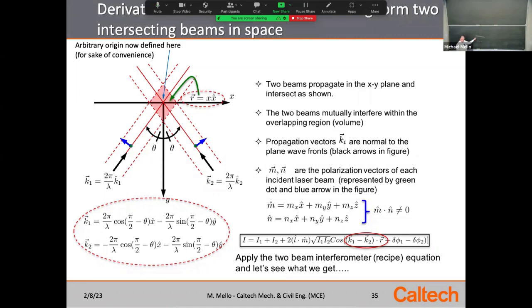In this case, that path length problem is nothing but this phi1 minus phi2, which is nothing but 2 pi over lambda times this 2 delta, where delta is this thing, okay? And then that just becomes 4 pi over lambda delta of t, where delta is now the gap changing in time. Okay? All right.